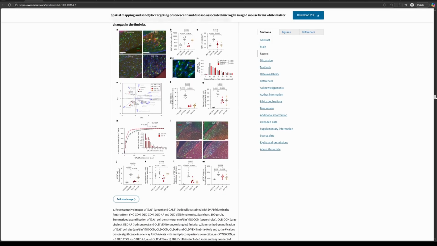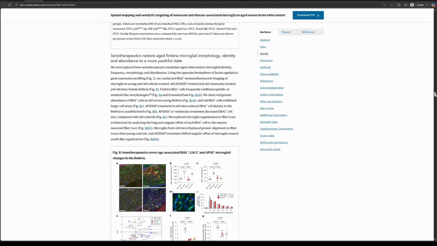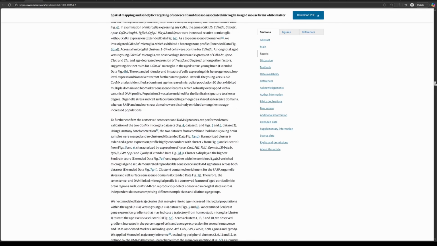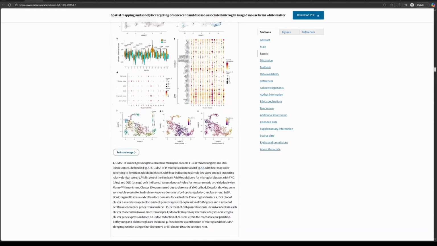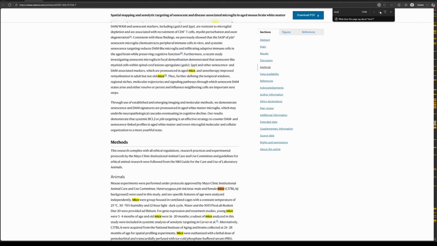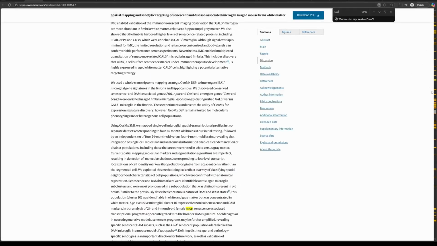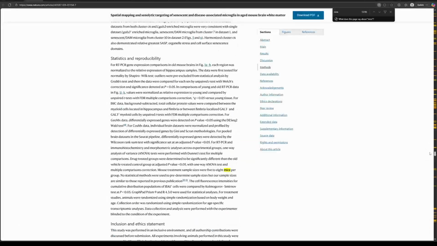Let's see. Research mice. They just say a population, but they don't say how many.